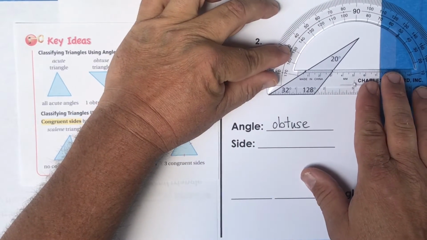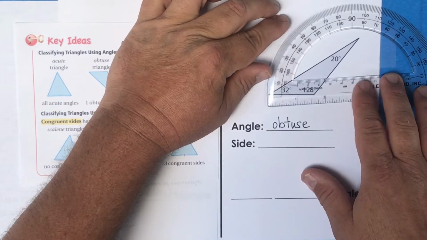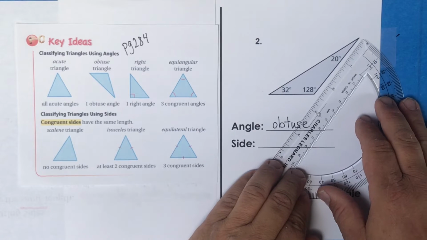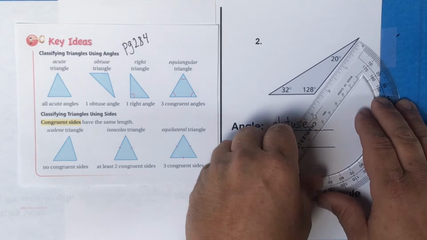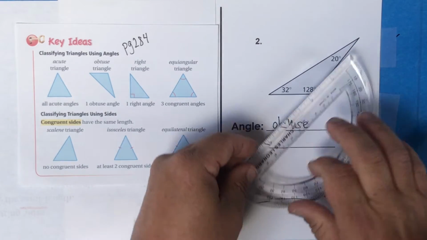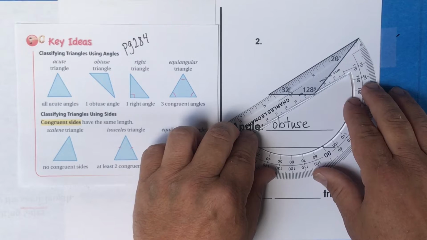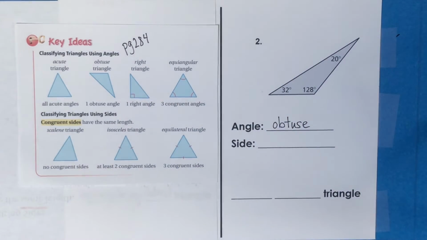So the bottom measure is a little bit more than 1.5 inches. This side length is 2.5 inches. And this third side is a little bit more than 3.5 inches. Now, I could kind of tell that just by looking at it, but I measured it just to make sure.